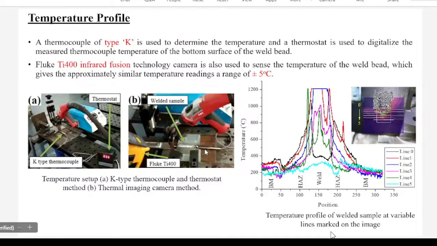But we have to use a thermocouple or an infrared thermal imaging camera so that we can control the interpass temperature. Interpass temperature has to be the same between every layer as we are building in the Z direction.